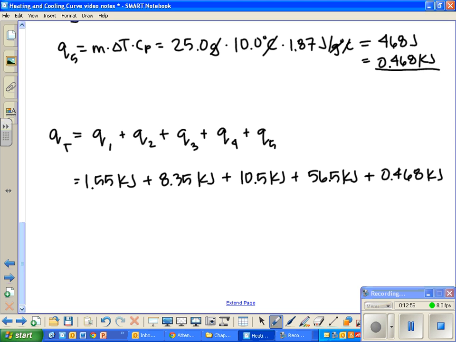Okay. Since we're adding, we're looking at the lowest number of digits after the decimal, which is 1. So my answer would be 77.4 kilojoules of heat. That's how much is added to the 25 grams of water to get it to increase from -30 degrees to 110 degrees.